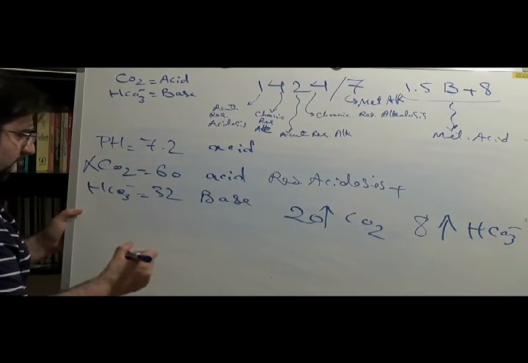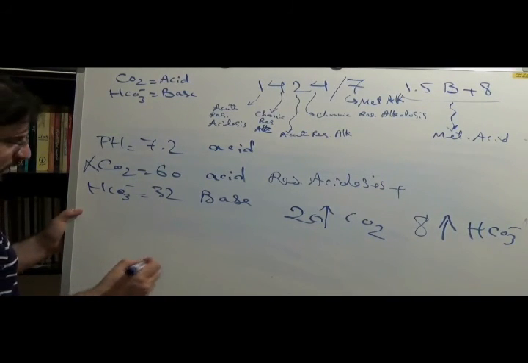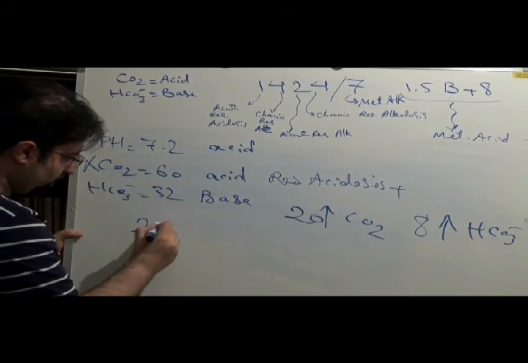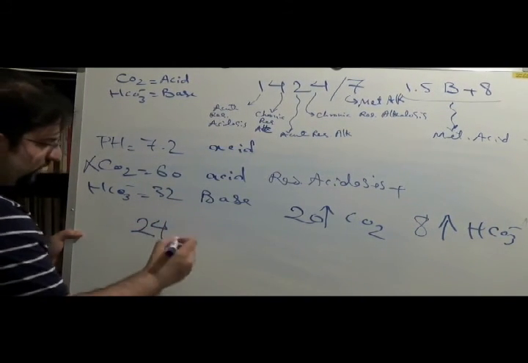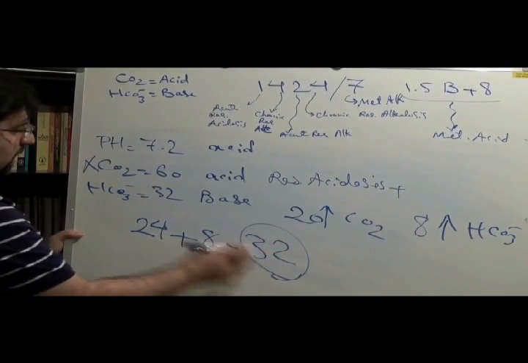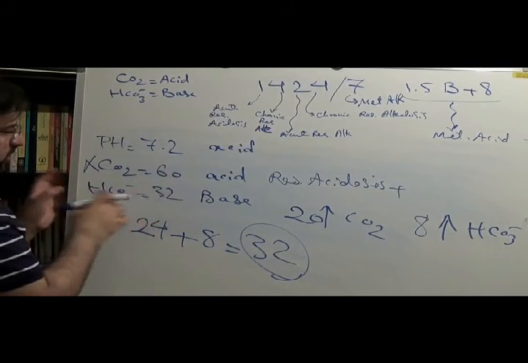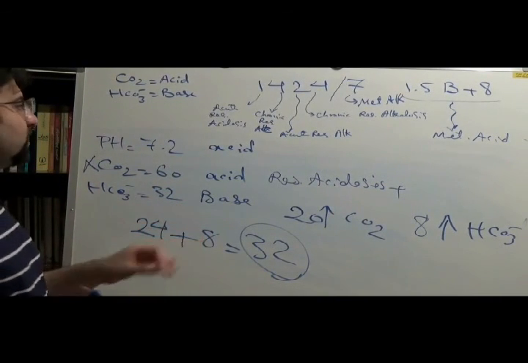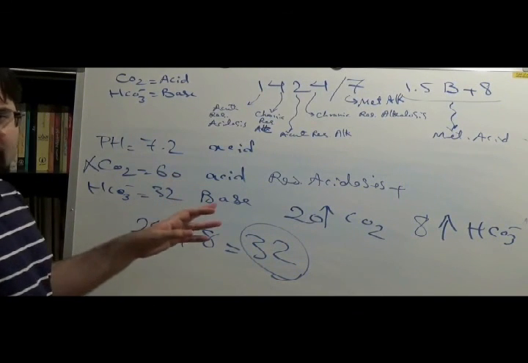So normal bicarbonate was 24 plus 8, which is 32. Now our patient has bicarbonate equal to 32, so it is fully compensated respiratory acidosis.